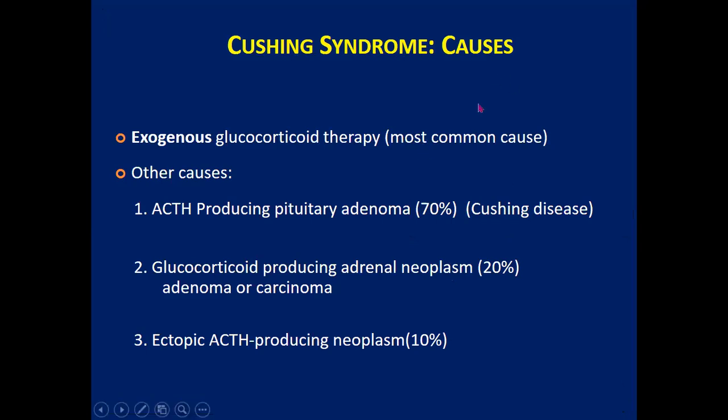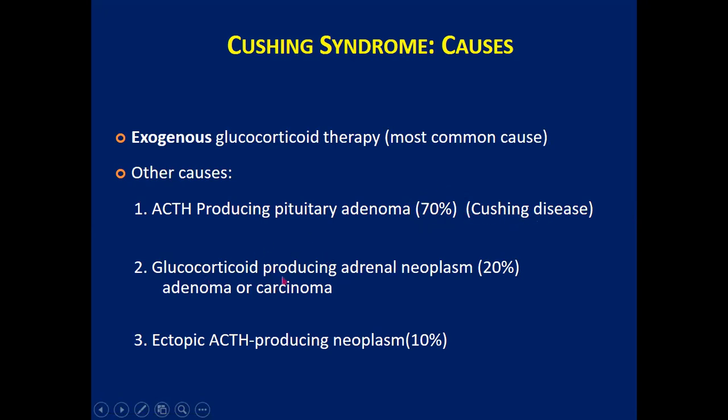Now, in Cushing syndrome, exogenous glucocorticoid therapy is more common. Second is the ACTH producing pituitary adenoma, which accounts for 70% of endogenous cases. It is called Cushing disease.